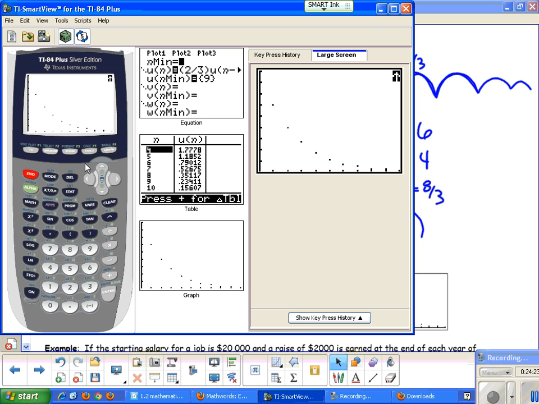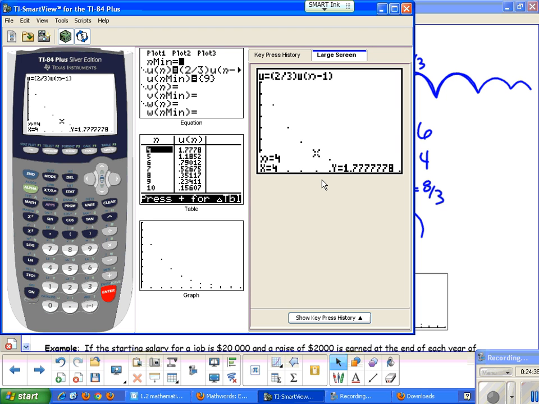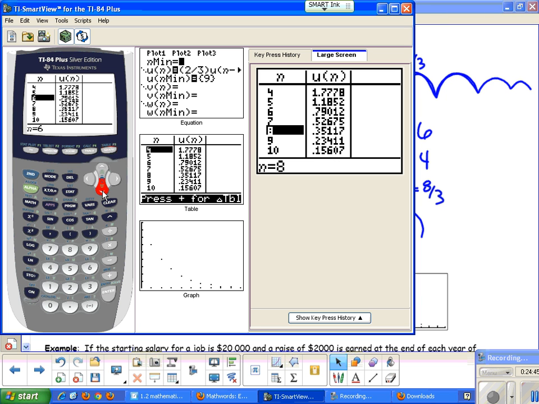If I go to second value, and let's do 4, notice that for 4 I get 1.7777, etc., which is what we found when we did 16 over 9. So this is nice because if, let's say, I wanted to find the 20th bounce, instead of having to do all that by hand, I could just then scroll down in my table all the way down to 20.